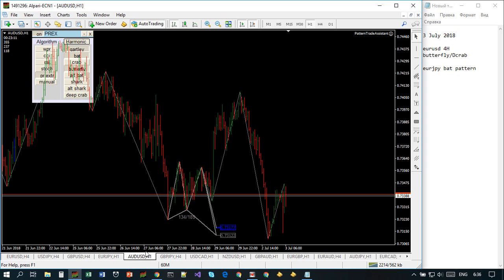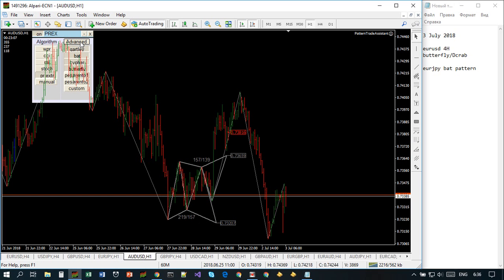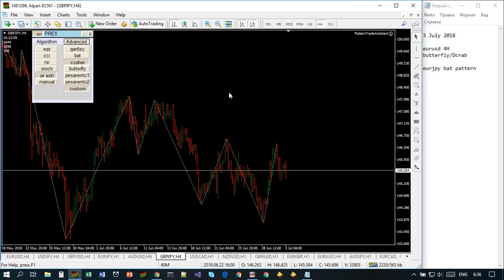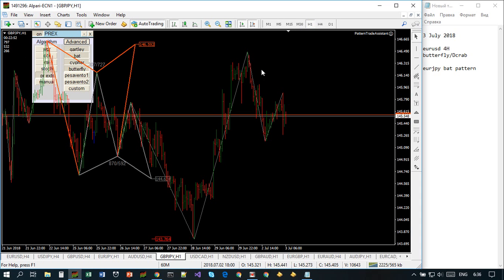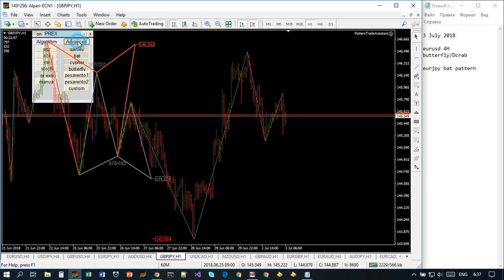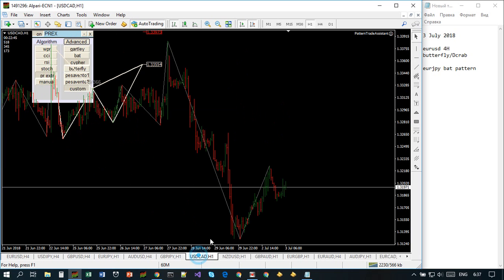Okay, Aussie dollar 1-hour based on harmonic approach nothing, advanced approach nothing, and 4-hour advanced approach nothing, harmonic approach nothing. Pound yen 4-hour harmonic approach nothing, advanced approach nothing, 1-hour harmonic approach nothing, and advanced approach is nothing.